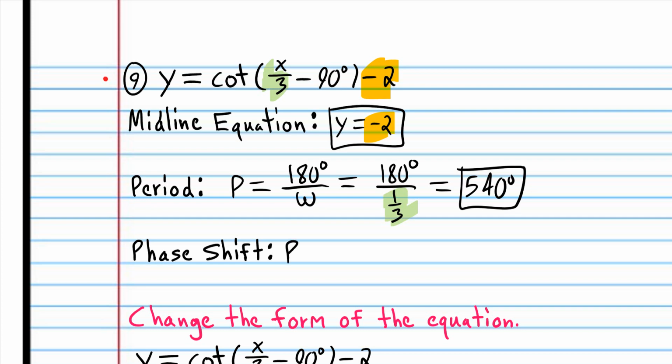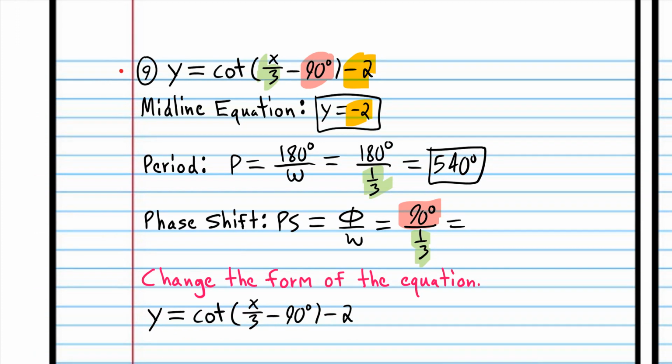The phase shift is equal to phi over omega. Phi is positive 90. I know that's confusing, but it is positive. Positive 90 over omega, which is 1/3. So dividing by 1/3 is the same as multiplying by 3, so that's 270. So the phase shift is positive 270.